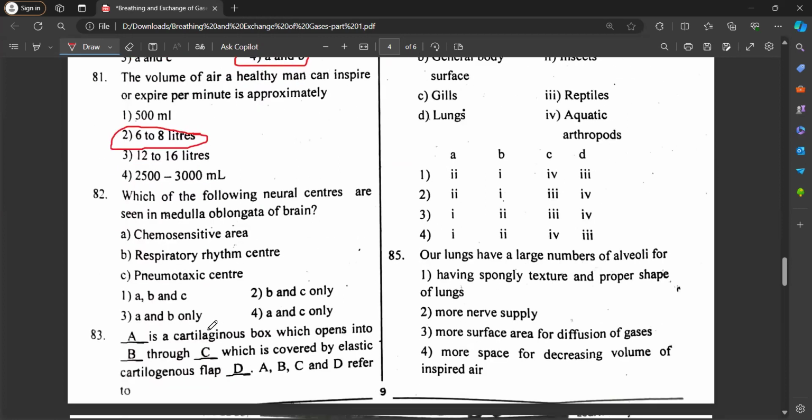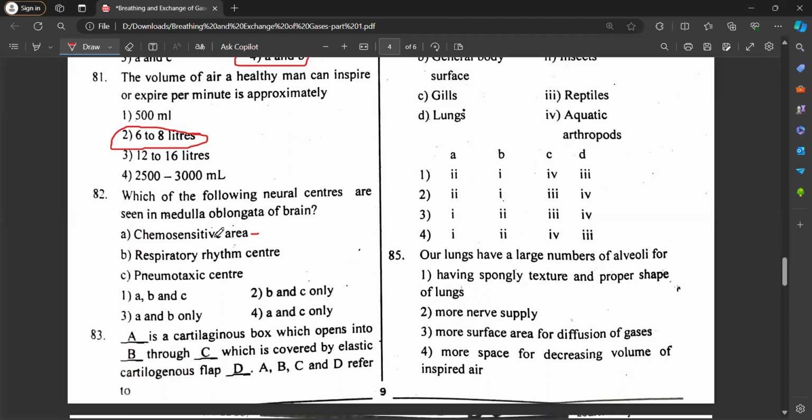Which of the following neural centers are seen in the medulla oblongata of the brain? Chemosensitive area, yes, it is present near the RRC. Respiratory rhythm center, it is present in the medulla.